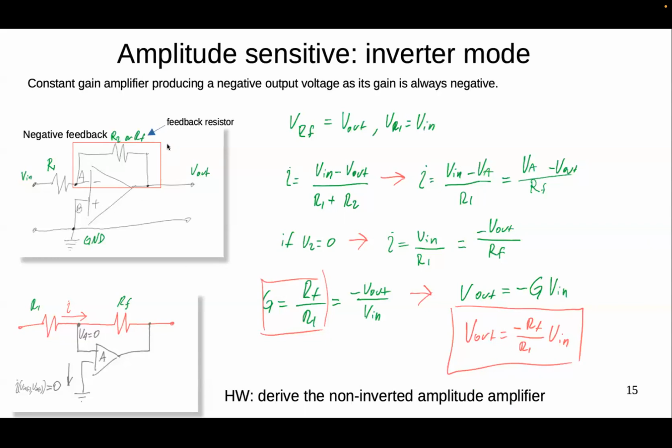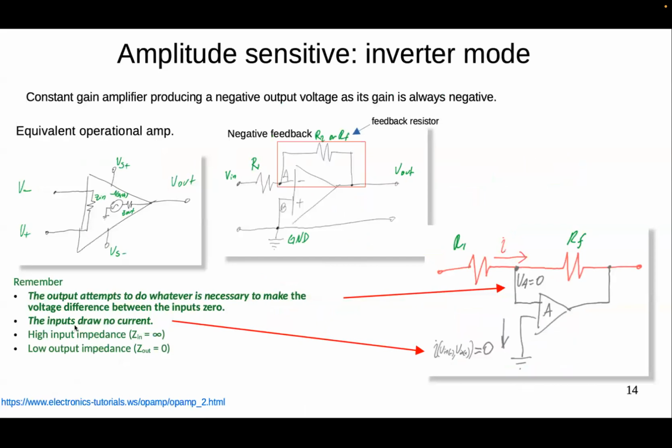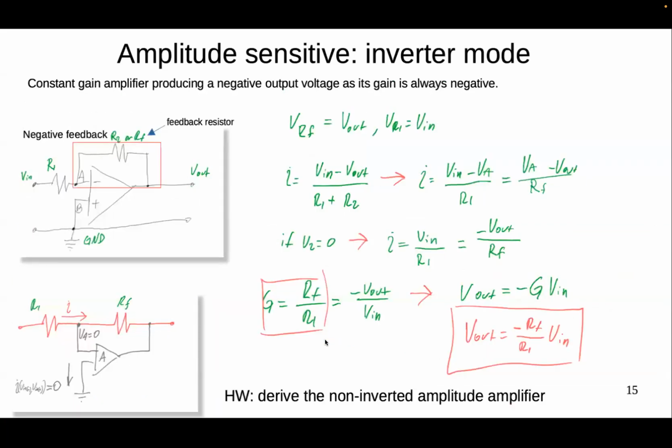If we consider this feedback, we can rearrange a little bit to understand what is happening here with the voltage and current. Given that there will be no current drawn between the two inputs, and the difference on the inputs wants to be zero, we can consider that the current from node A to the ground is zero.